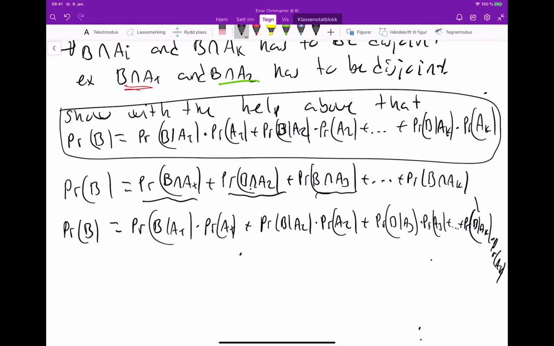So this is from exercise 4a. So then from exercise 4a we know that this first one can be written as this. Just look at exercise 4a and so on.